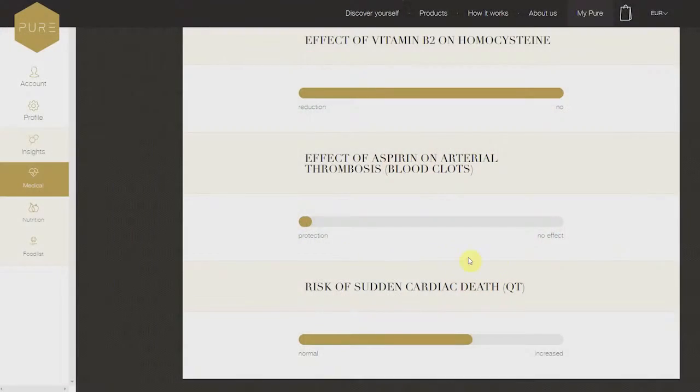And depending on where your bar is, in this case, this person has this protective effect, but this person might not have this protective effect. And if this is the case, and a clinician would usually prescribe you aspirin as a thrombosis prevention, he might want to choose an alternative drug because this protective effect is unlikely to be gained from aspirin.